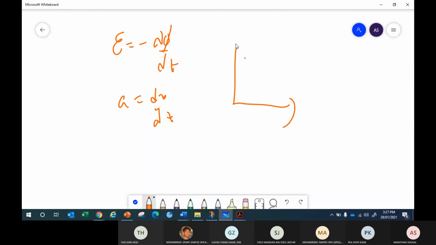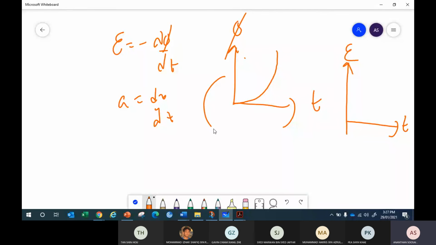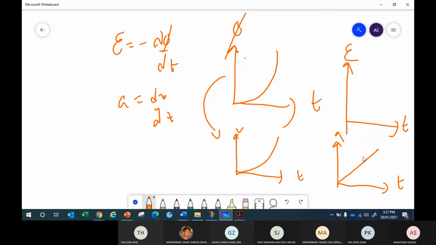If your flux changes like this, going up, how is the EMF going to change? Imagine your flux like a v-t graph going up. How is your acceleration graph going to be? It will be a straight line with a constant gradient.